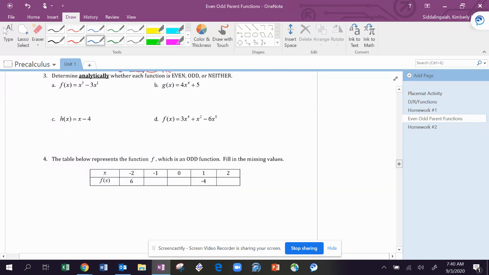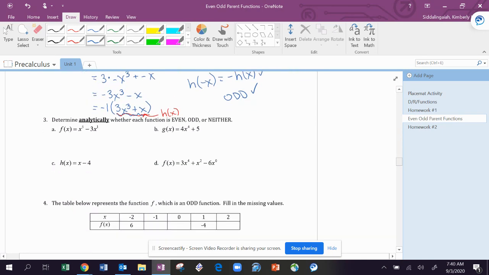So let me show you, just for some brevity, how this is going to work when I just say prove it's even or odd, or there's a third choice, neither. So let's take a look at how this works. So for 1a, if I start with that negative x idea, I'm going to plug in negative x.